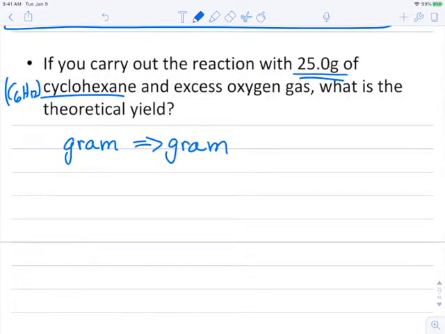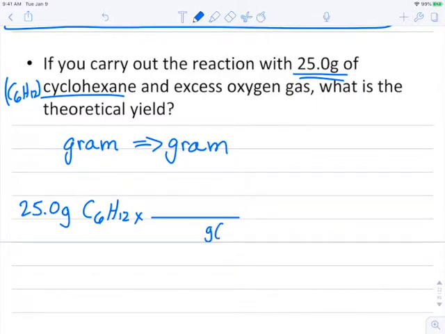All right, so 25 grams of our cyclohexane. All right, what was our next step from here? Yes, we need to get into moles using the molar mass. Excellent.